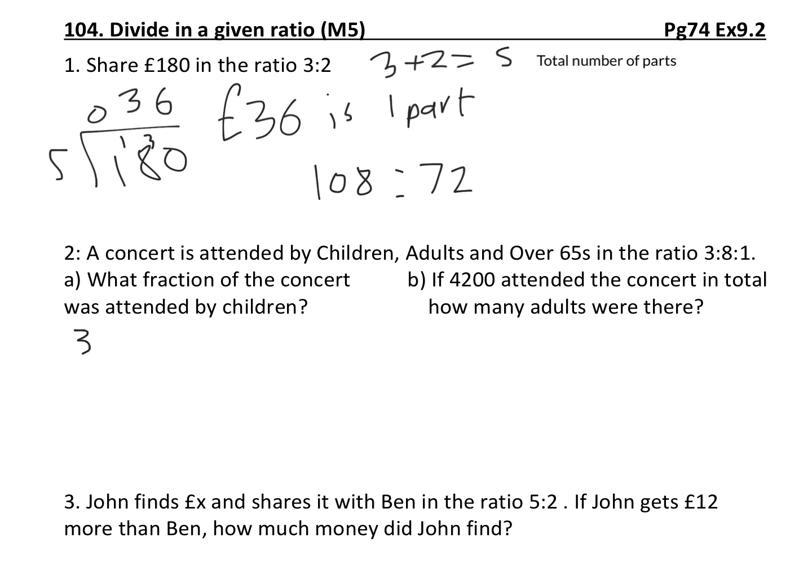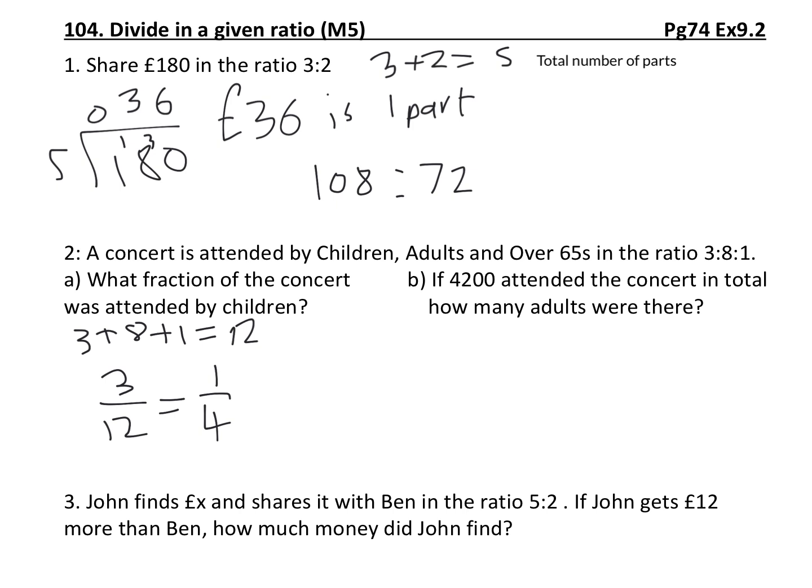So there are 3 children for every 8 adults for every 1 over 65, which means there are 12 parts to that ratio. And children form 3 of those parts, so they are 3 out of 12 parts. So what fraction of the concert was attended by children? 3/12, or simplified, a quarter.